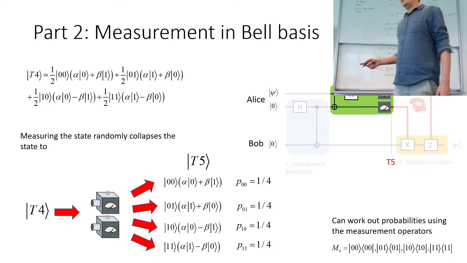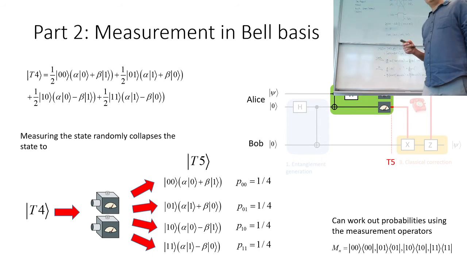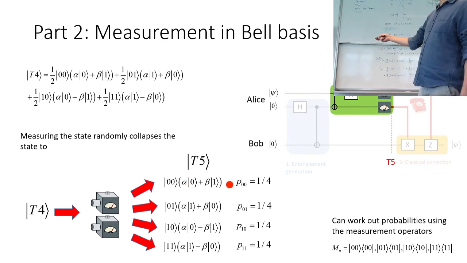So this looks tantalizingly close to teleportation, because if this case happens, then it's exactly what we want. Bob, the 3rd qubit, has the state, and everything is right.